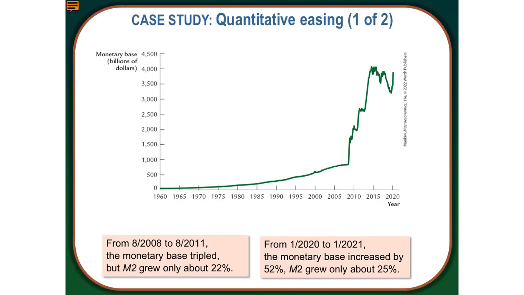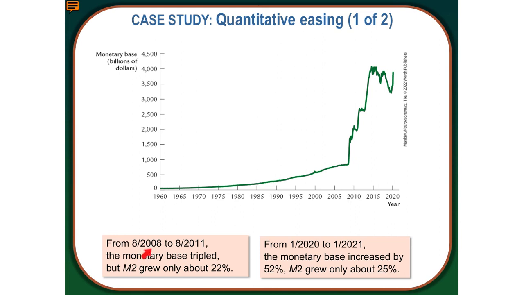I do suggest spending some time looking at this case study in the textbook on quantitative easing. Quantitative easing is a new tool that was implemented during the financial crisis. Essentially what they were doing is similar to open market operations, but they were buying different types of securities and they were buying lots of them to really increase the size of the monetary base, hoping to keep interest rates low and stimulate lending and economic activity in general.